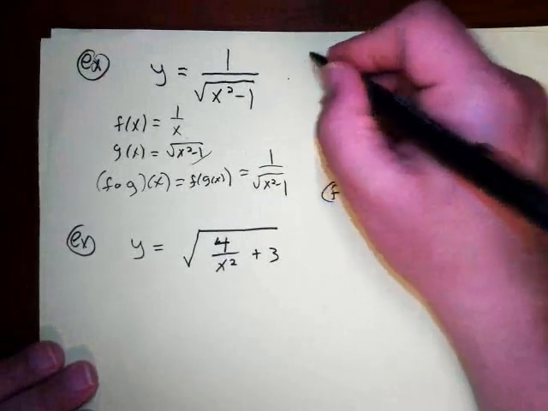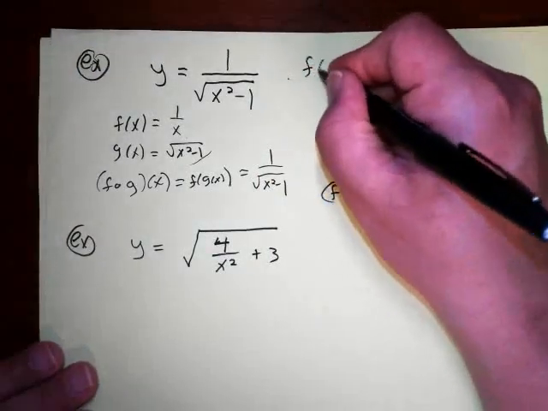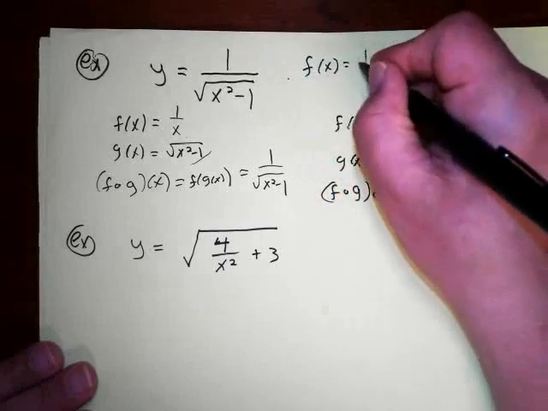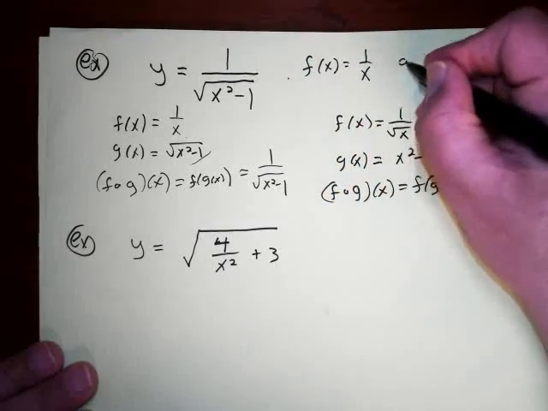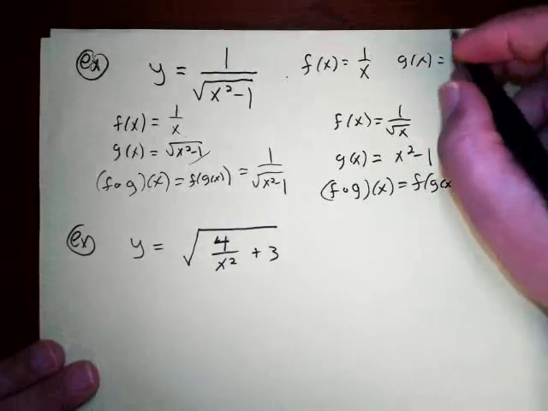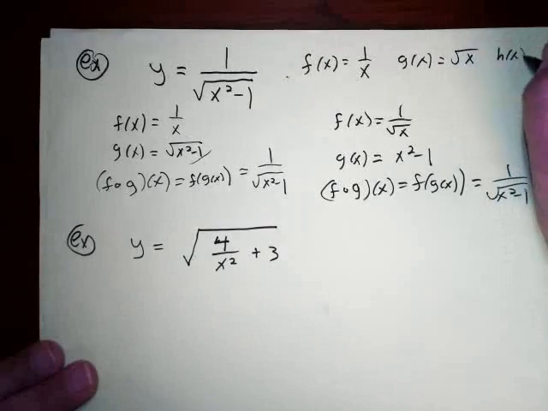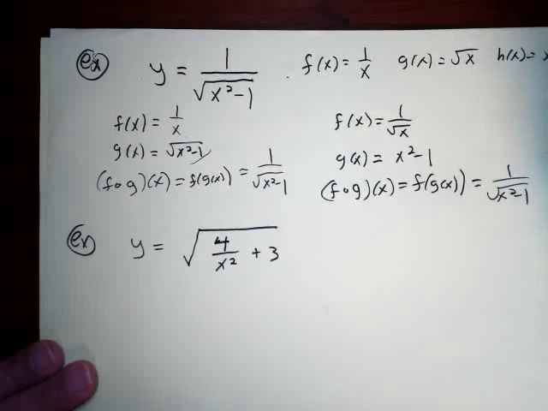Another way here is I could actually get 3 different functions, right? I could let my f of x equal 1 over x. Then I could have my g of x be the square root of x. And then I could have my h of x be x squared minus 1.